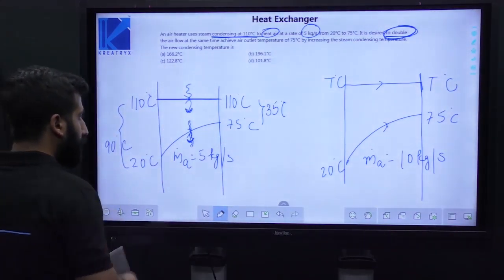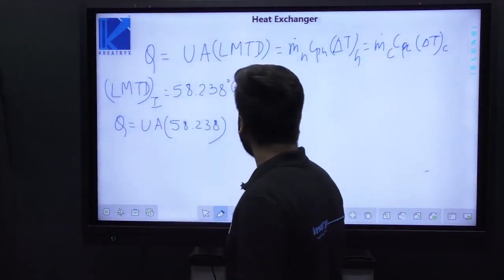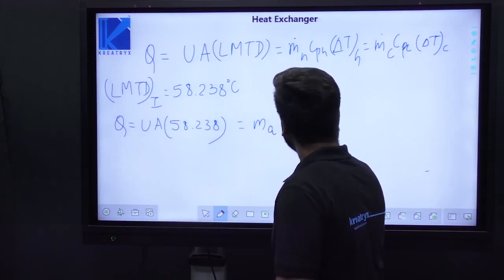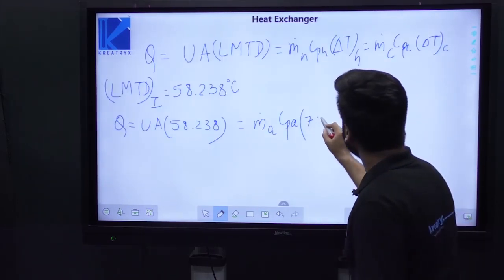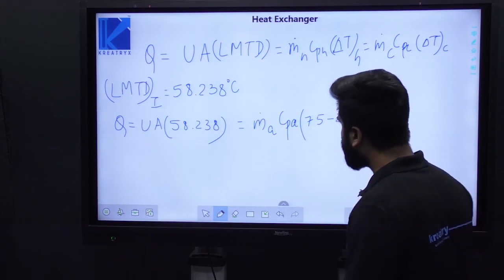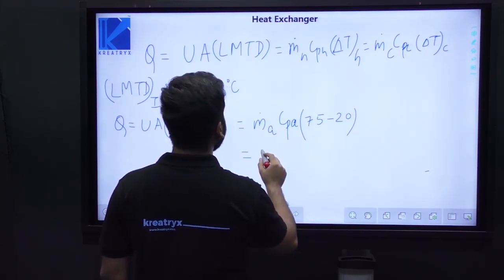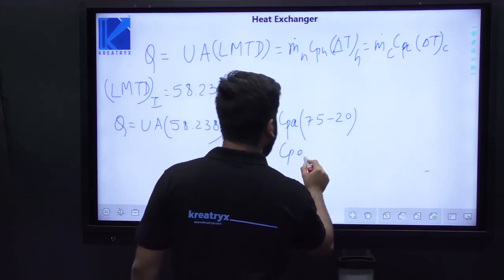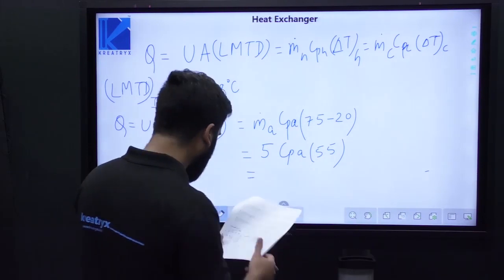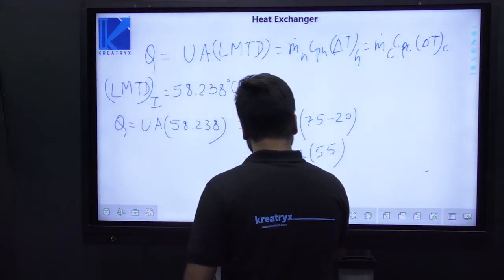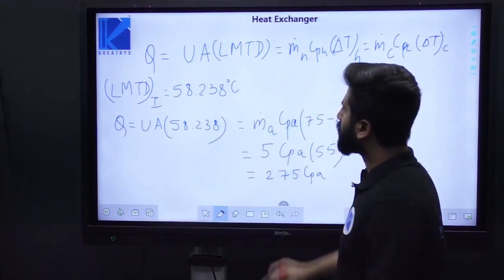So this heat will be equal to M dot A CPA times 75 minus 20. M dot A is 5 kilogram per second, so 5 CPA times 55. So this Q is equal to 275 CPA. This is for the first case.